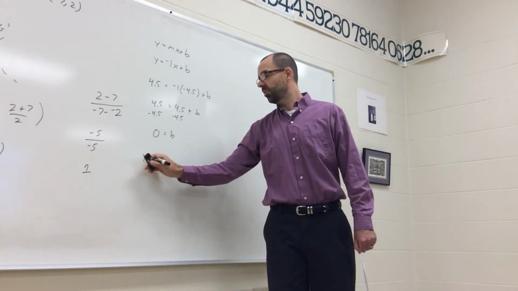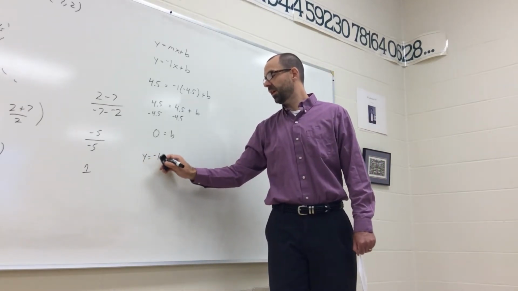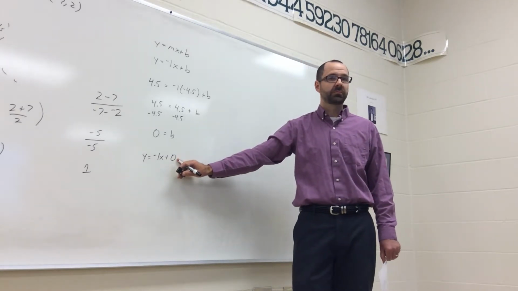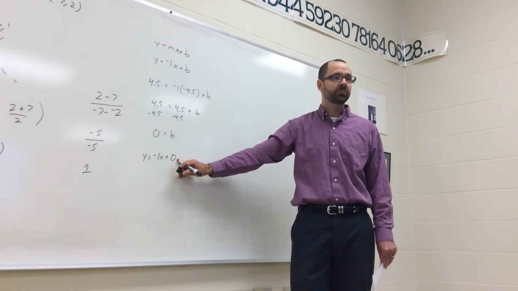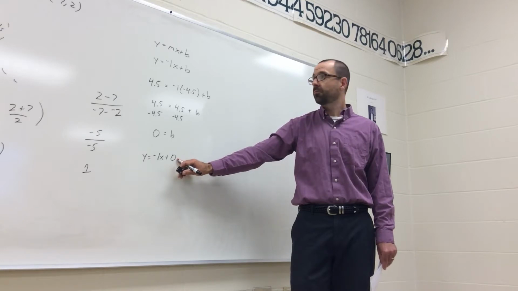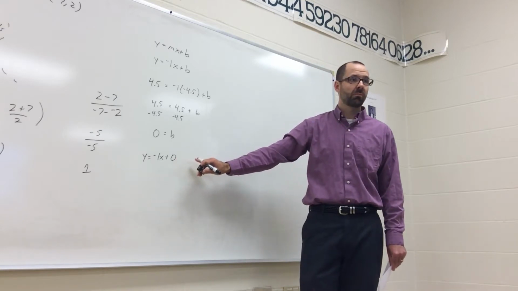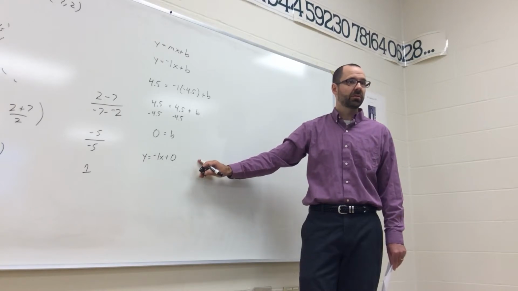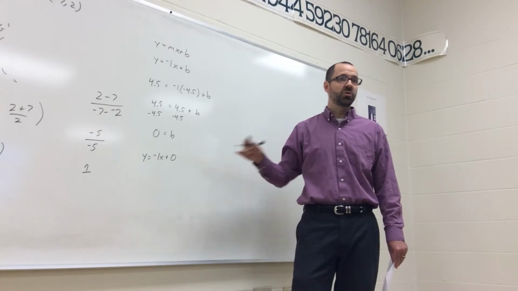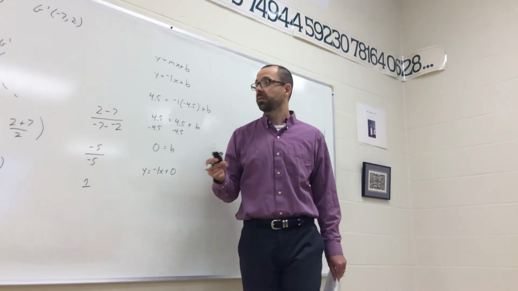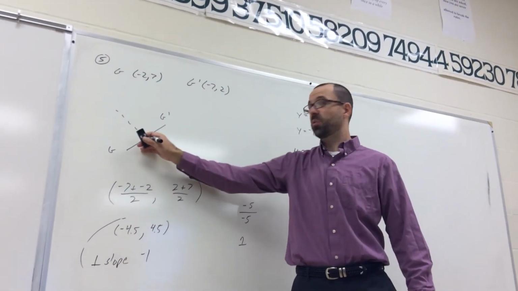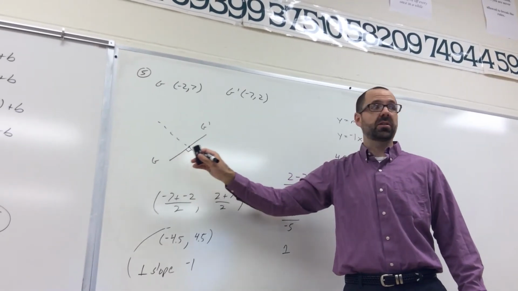So the final answer is y equals -1x plus 0. Is everybody doing okay? The two key facts are: find the midpoint of the connector line, and the reflection line goes through the midpoint and is perpendicular.